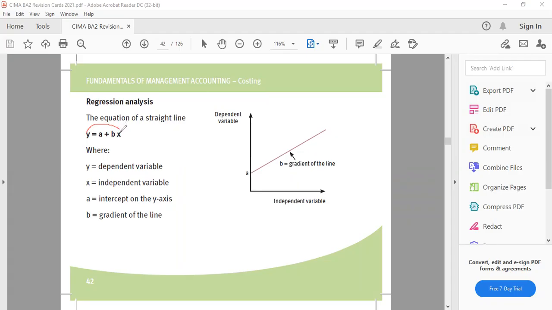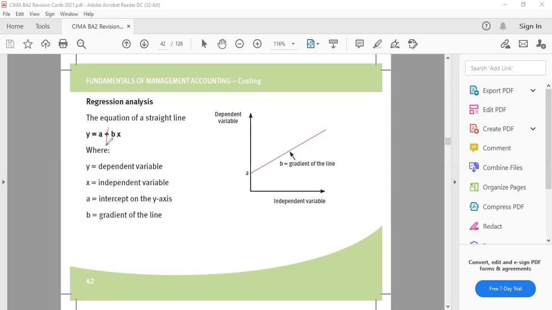On the other hand, x is an independent variable. It is not dependent on anything else. The plus is connecting two terms, one is a, the other is bx. a is a constant, b is also a constant, x is a variable.